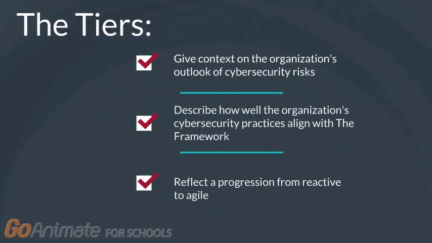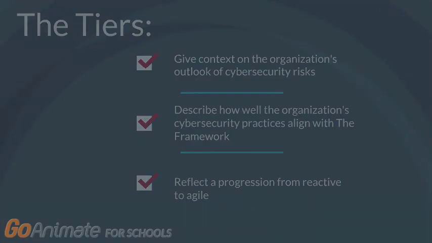The tiers provide context on how an organization views cybersecurity risks and the degree to which an organization's current practices exhibit the characteristics defined within the framework. These tiers reflect a progression from informal, reactive responses to approaches that are agile and risk-informed.